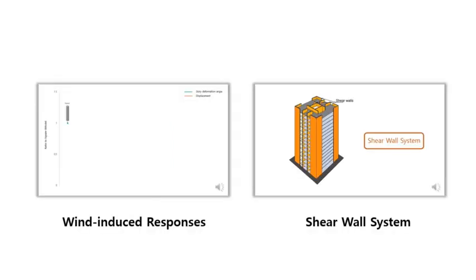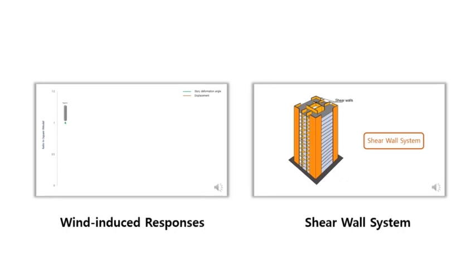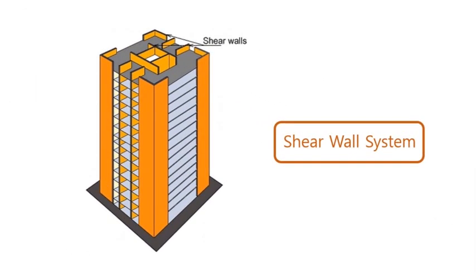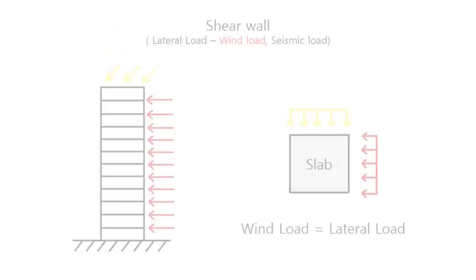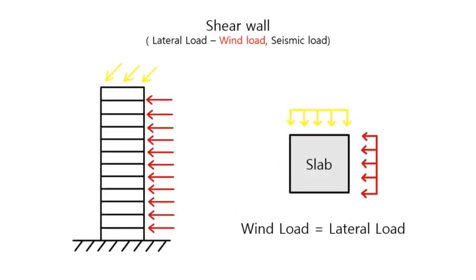Then let me tell you about the second method, shear wall structure. The wind load we are focusing on this week works in a horizontal direction on the building. Therefore, we need a wall to resist the horizontal direction, and that will be the shear wall.